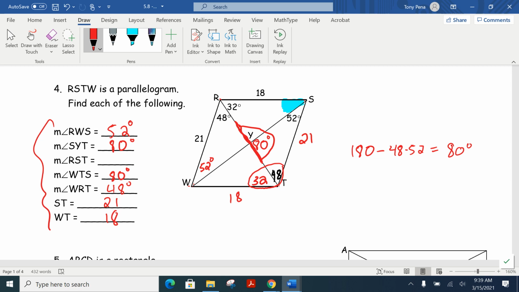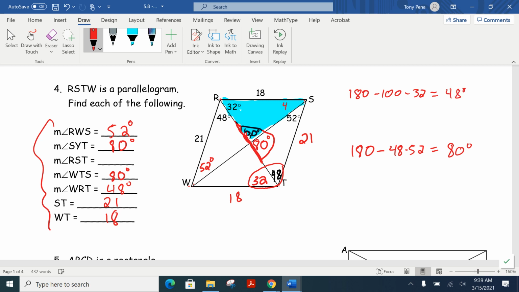Well, if this is 80, this has to be 100 degrees, because that makes our straight line. Now let's focus in on this triangle up here. Don't we know two of these three angles? We know one of them is 32 degrees. The other is 100 degrees. So if we wanted to figure out the missing angle right there, we do 180 minus the 100 minus that 32. That is 132, so 48.